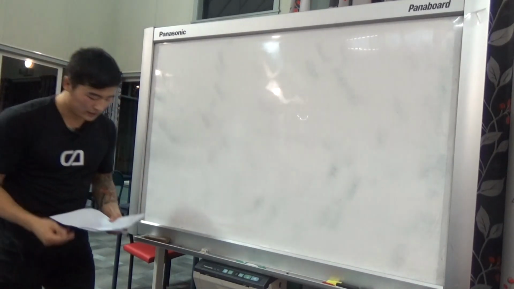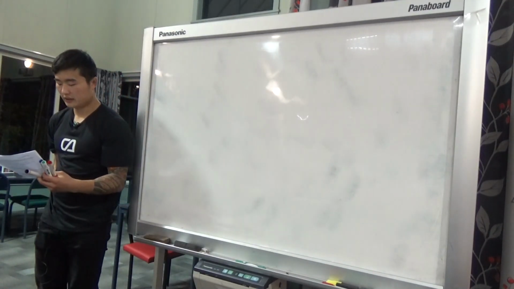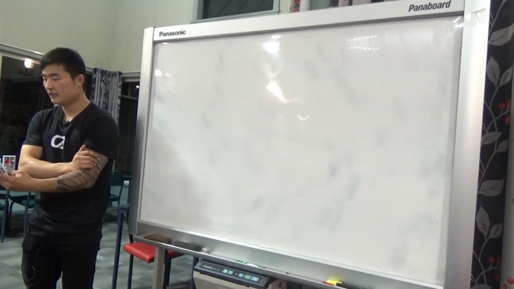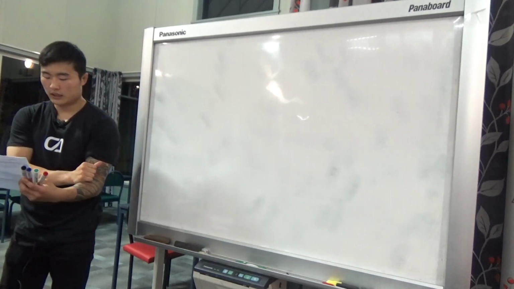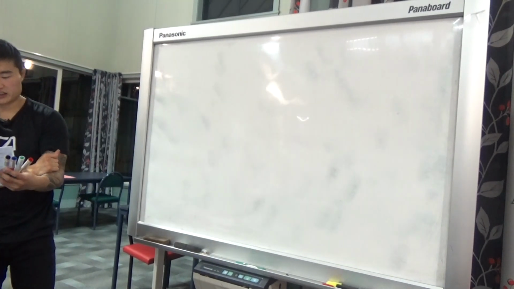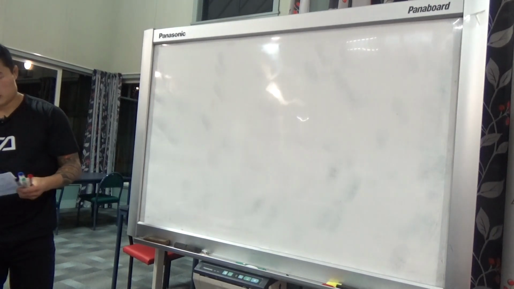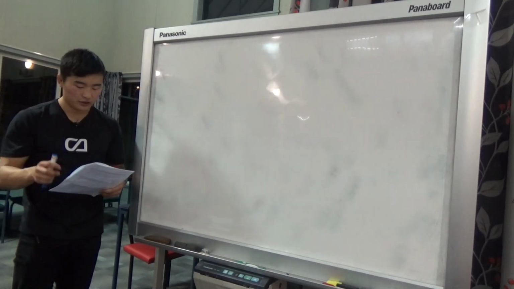Number 5, we have a pure sample of silver, Ag, which has a half-life of 3.13 hours and an initial activity of 100 curies. What is the mass of the initial silver 112 sample? So if you want the mass, you're going to have to find the number of molecules.